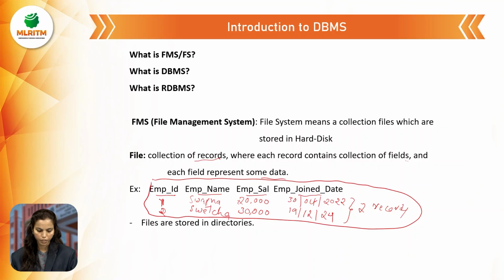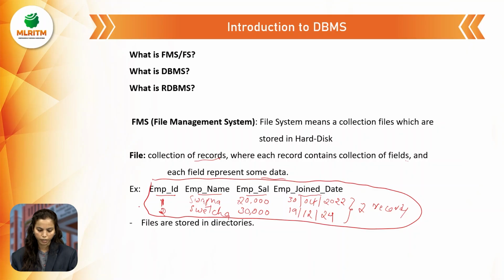Every field represents some data: employee ID is 1, employee name is Swapna, employee salary is 20,000 and this is the joining date. The second record contains data like 2, name as Svecha, employee salary 30,000 and the join date.